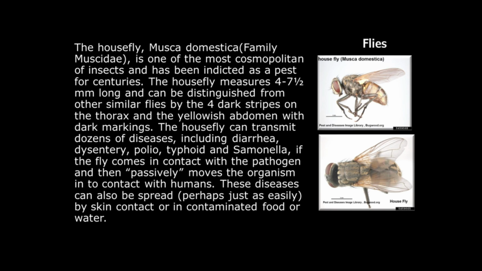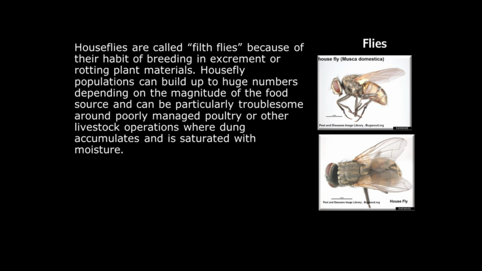The housefly can transmit dozens of diseases including diarrhea, dysentery, polio, typhoid, and salmonella. This occurs if the fly comes into contact with the pathogen and then passively moves the organism into contact with humans. These diseases can also be spread, perhaps just as easily, by skin contact or in contaminated food or water.